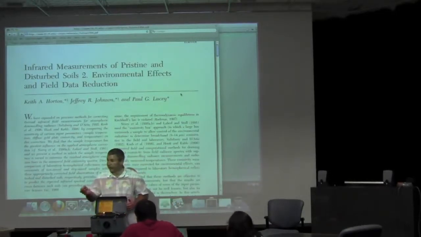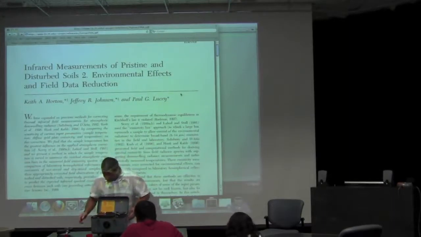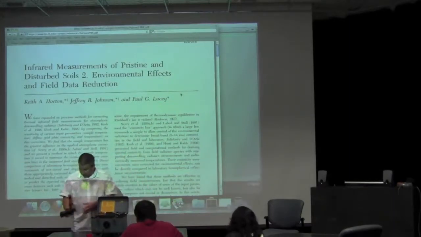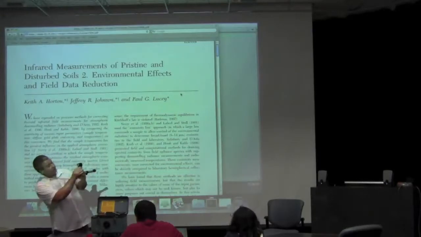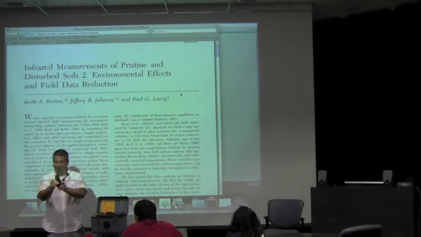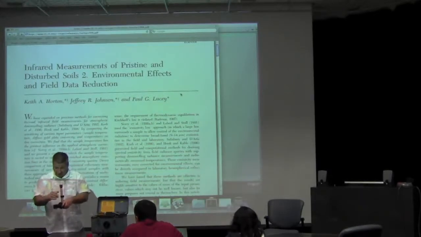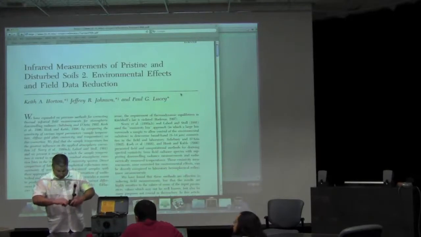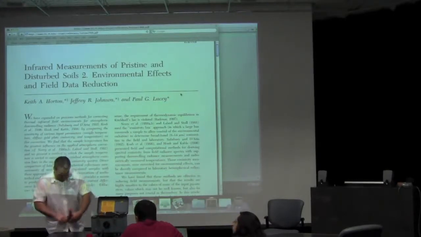It's just a single detector inside of there. With the fore-optic on there, there's a little mirror inside, so you can point it in any direction you want. There's a little sighting scope, so you can look through it and see what you're looking at. And that's it. It's really simple.